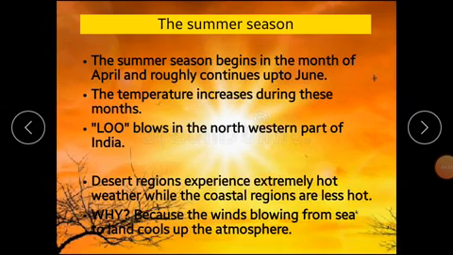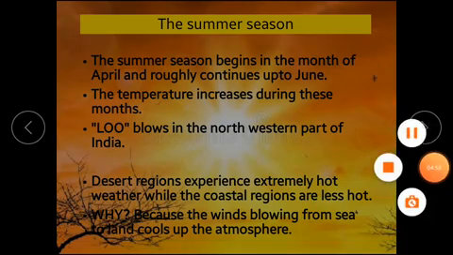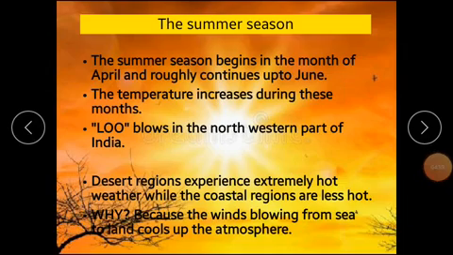Let's move on to another season, which is the summer season. Summer season starts roughly in the month of April and continues up to June. The temperature increases during these months, and we are experiencing extreme temperatures from the last few years because of the advent of climate change.